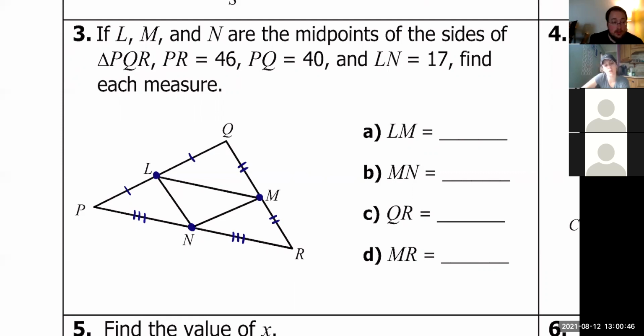I got a quick question, Josh. Sure. So some of the hash marks are like 1 and then some of them are 2. Is that just to verify this is 1 midpoint, this is the second one, that's the third one, or? It's to show a distinction between the pairings. So if it has a 1, these two are congruent to each other. 2s are congruent to each other, 3s.